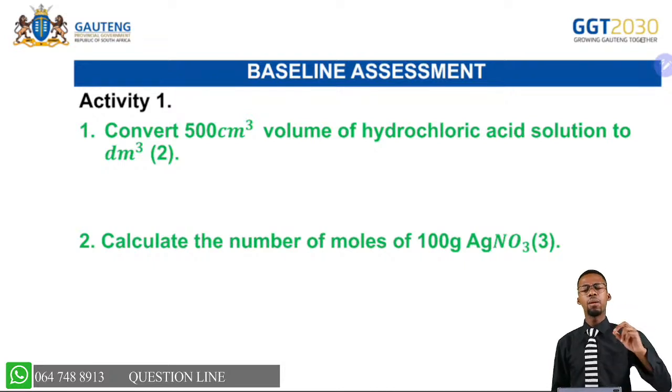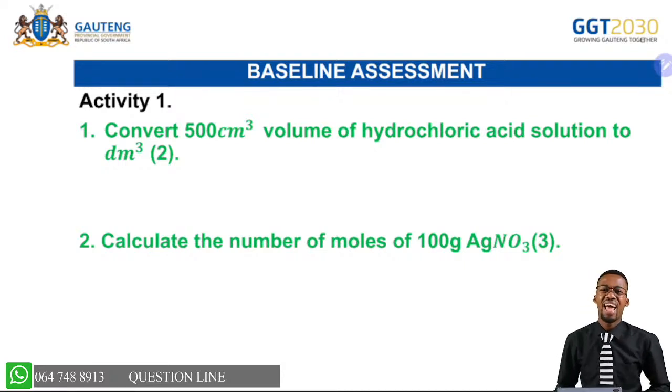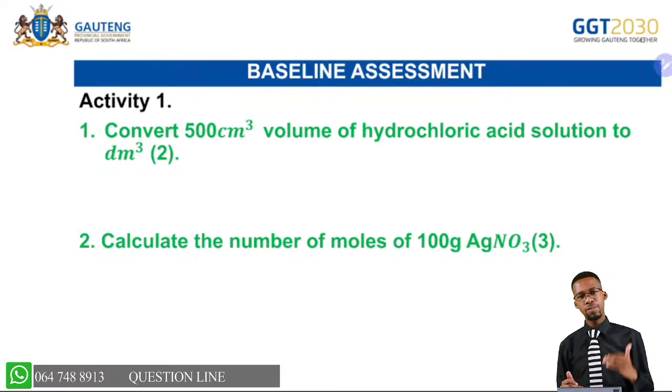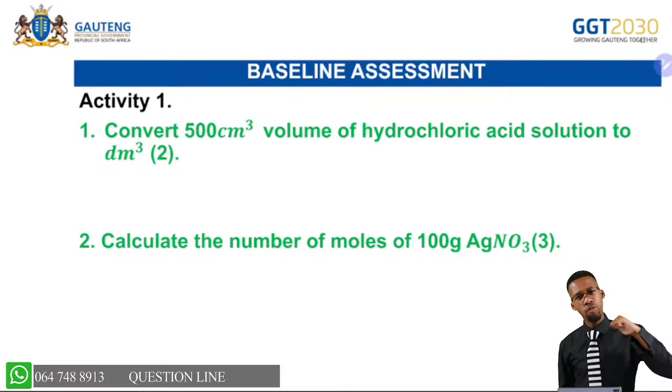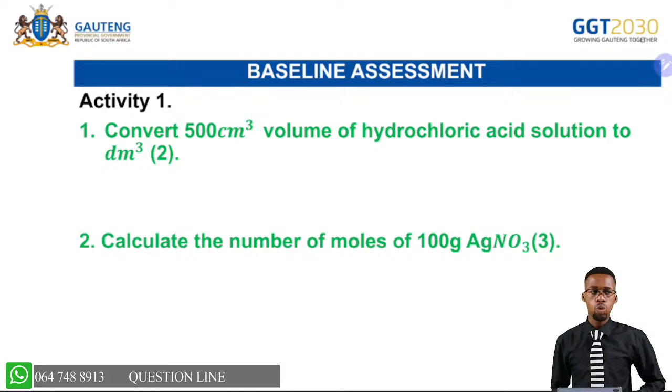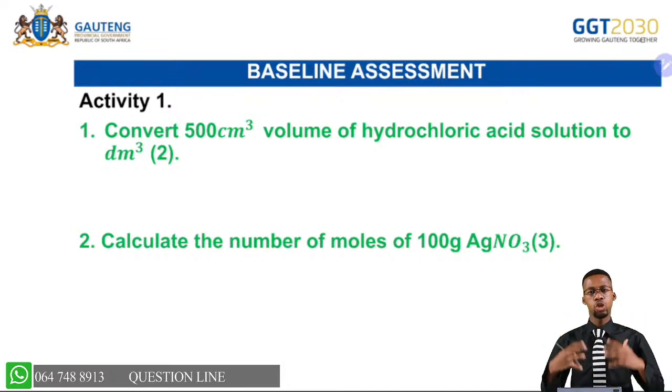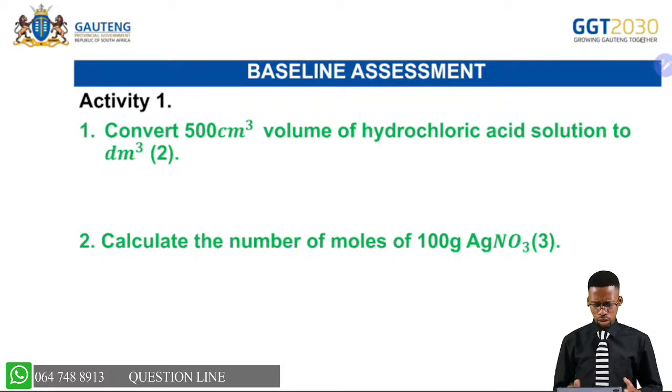And then what do you do? You substitute. This is how we win. 70% of mark allocation comes from writing down the correct formula and substituting correctly. So this is what we will be assessing as well.